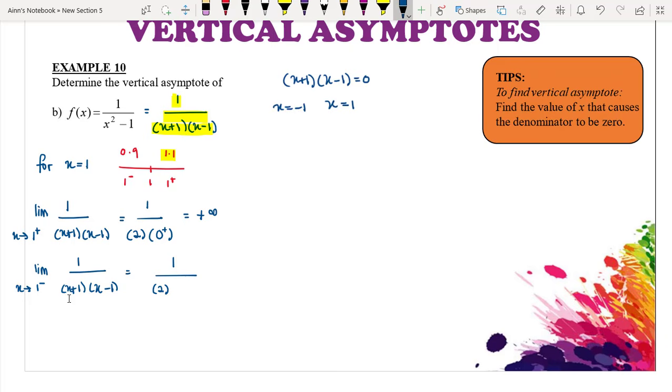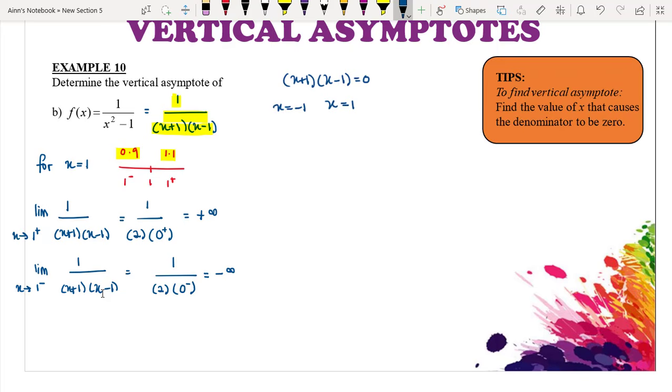And for x minus 1, from the left, if you substitute 1, we will get 0. But we want 0 from the left, so we can use the value 1 from the left, let's say 0.9. So 0.9 minus 1, we will get a negative value. So that will be 0 from the left. So 1 over 2 times 0 from the left, and that will be negative infinity.